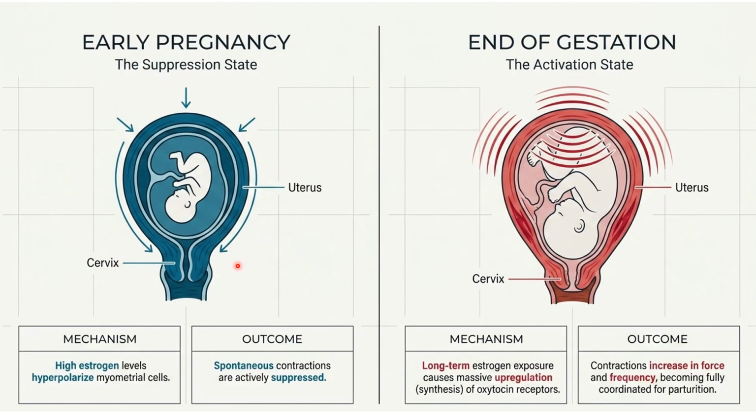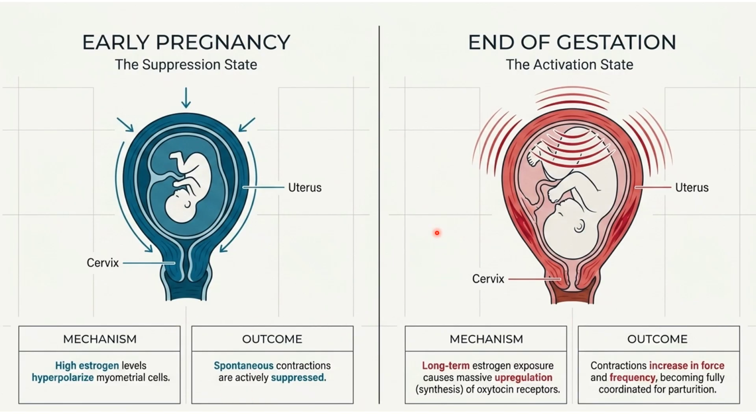Now, in the early times of pregnancy, the high level of estrogen causes hyperpolarization of the myometrium, and the outcome of this hyperpolarization is the suppression of any spontaneous contractions.